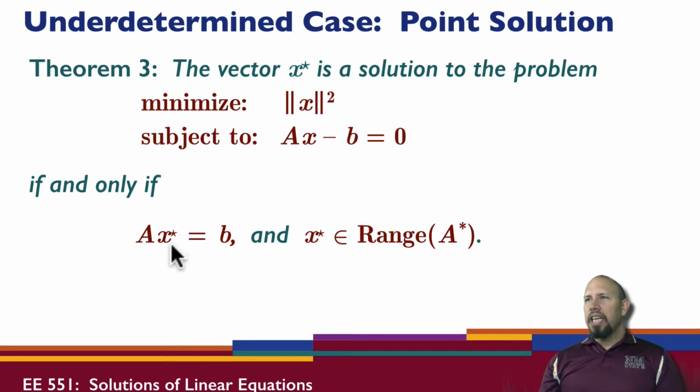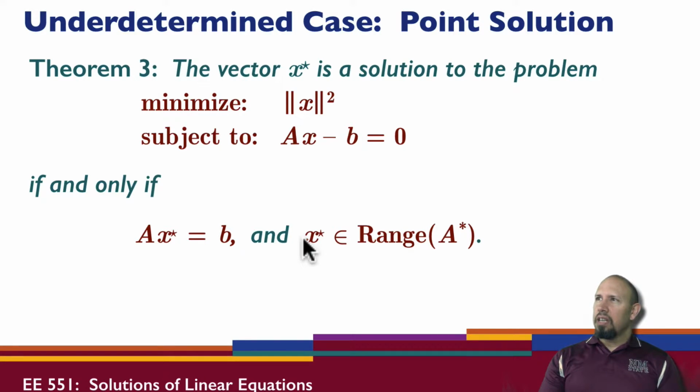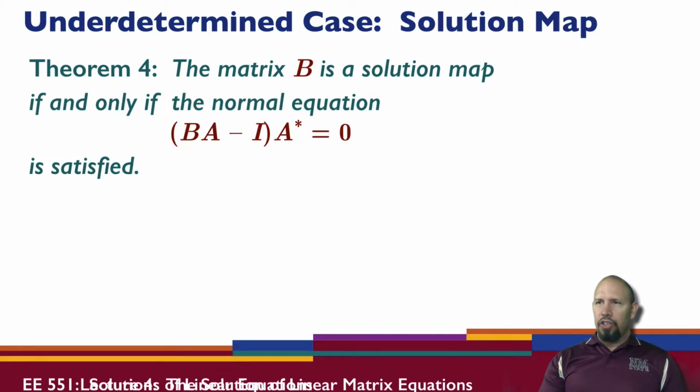Obviously Ax star must be equal to b, or it can't even enter the election for the minimizer. But for x star to be in the range of A adjoint, that's something different. Again, this is shown and proved in the video on proofs, so you can go look there and see the proof. But this establishes the point solution for the underdetermined case.